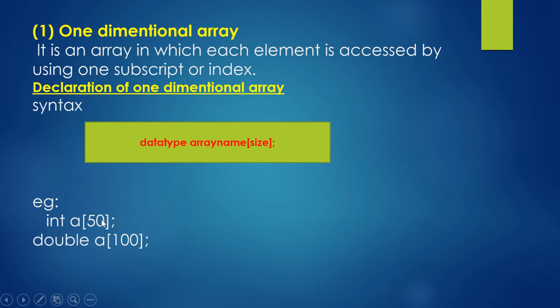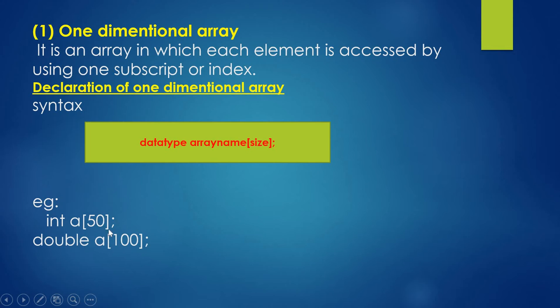And all the elements should be of integer data type. In the second example, double a of 100 means the maximum number of elements is 100 and all the elements should be of data type double.